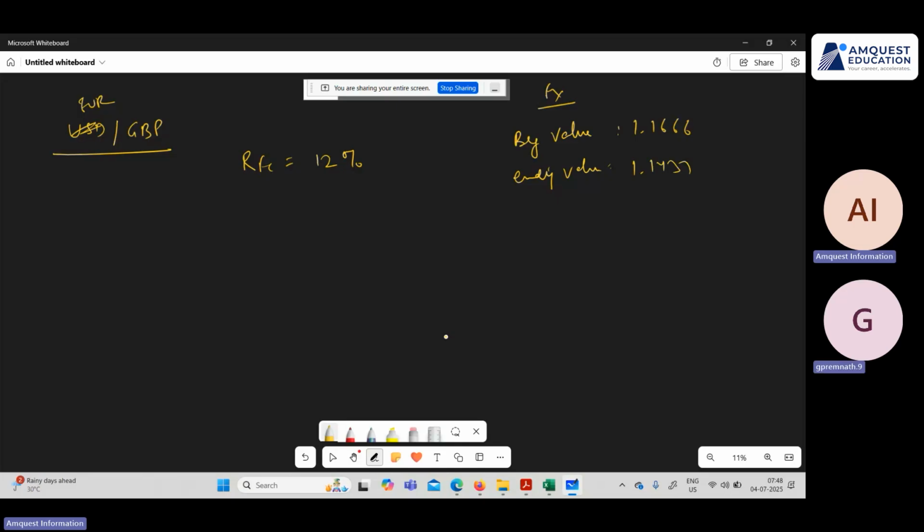So can I say that my FX return is given by final by initial minus 1?